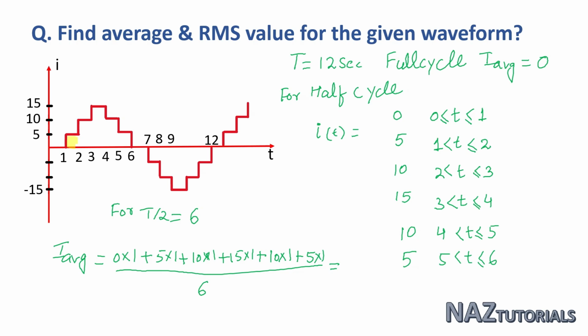If you calculate, this value is 45 by 6, and the calculated value of average current is 7.5 ampere.